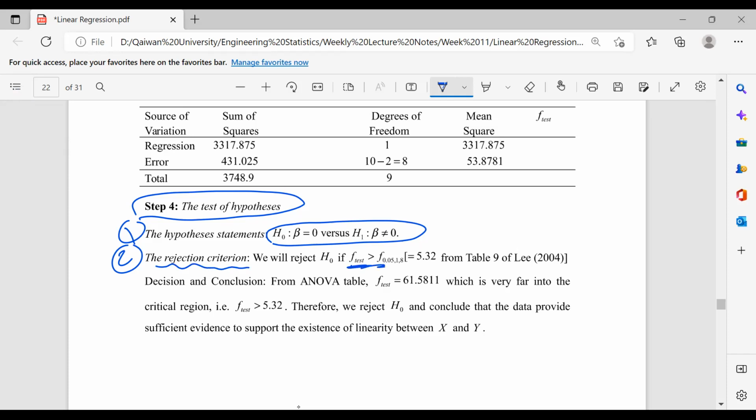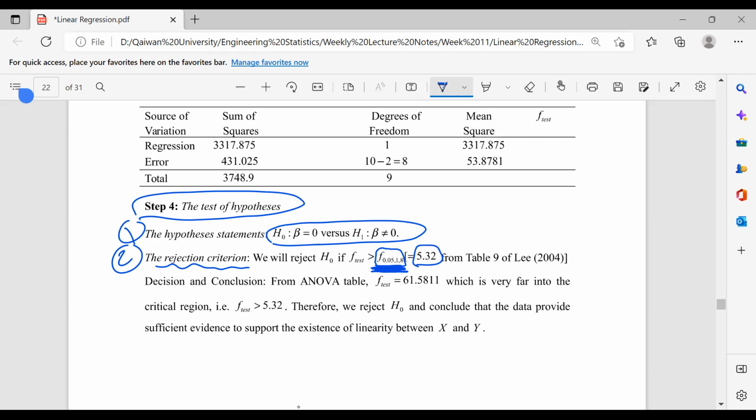We say F test, and here we find F of alpha with 1 and n minus 2, which is 1 and 8. We can get this from the table, which is 5.32.